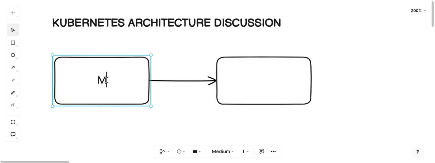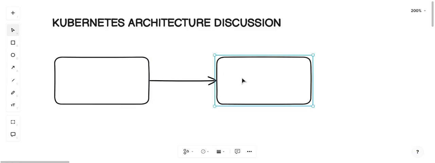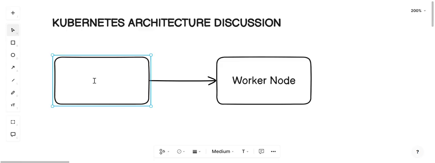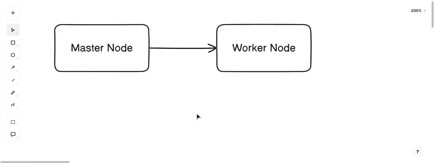Master node, and the second one is called worker node. There are two nodes, master node and worker node.